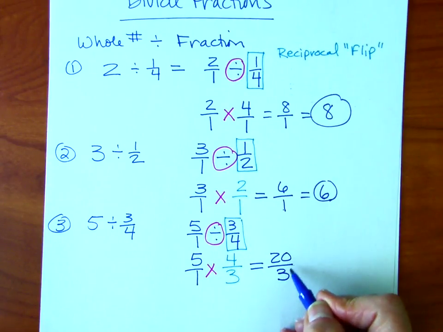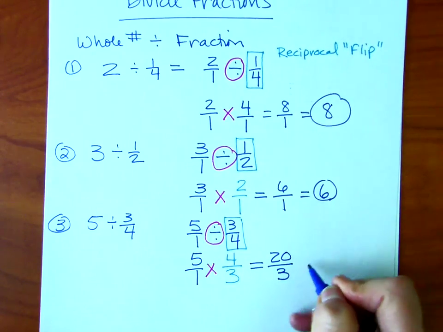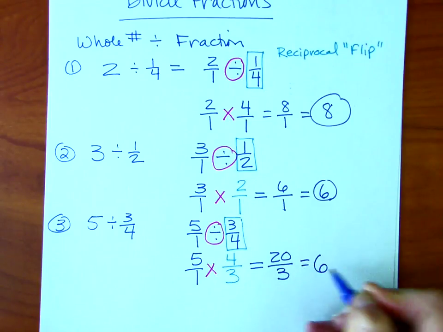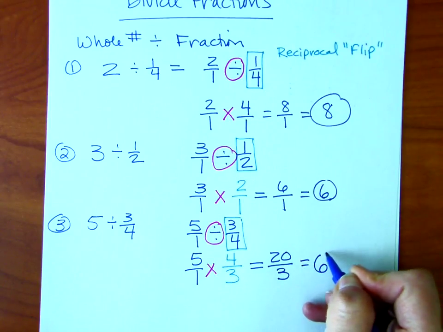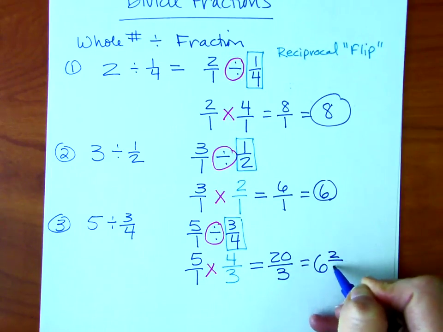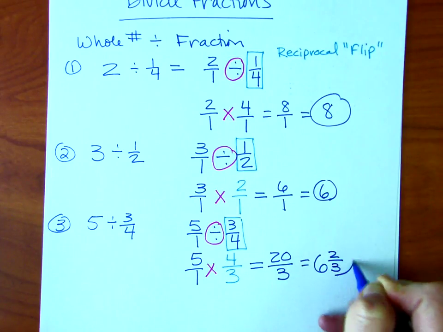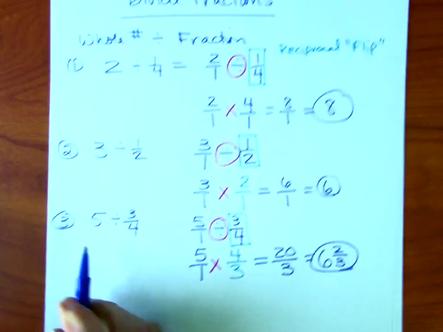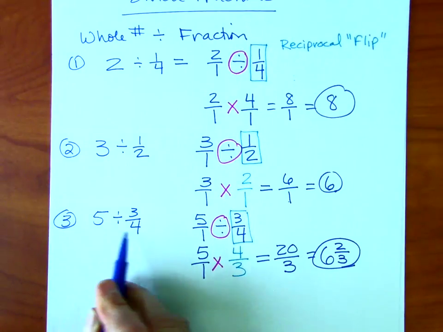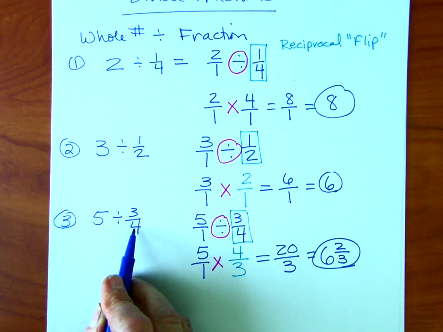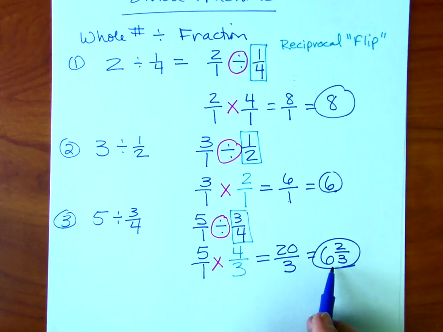Instead, we have to divide. 3 goes into 20 6 whole times. That's 18. So if we subtract from 20, we get 2 left. So 6 2/3. So if we were to take 5 and divide it into groups of 3/4, we would have 6 2/3 of those groups.